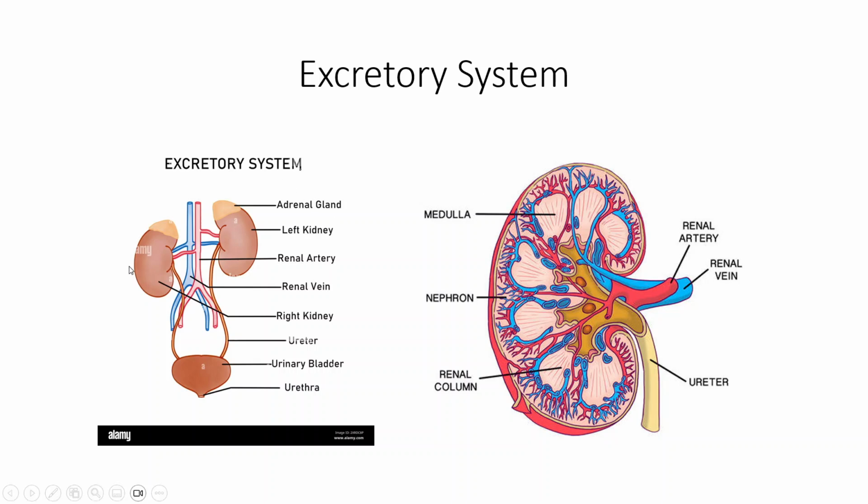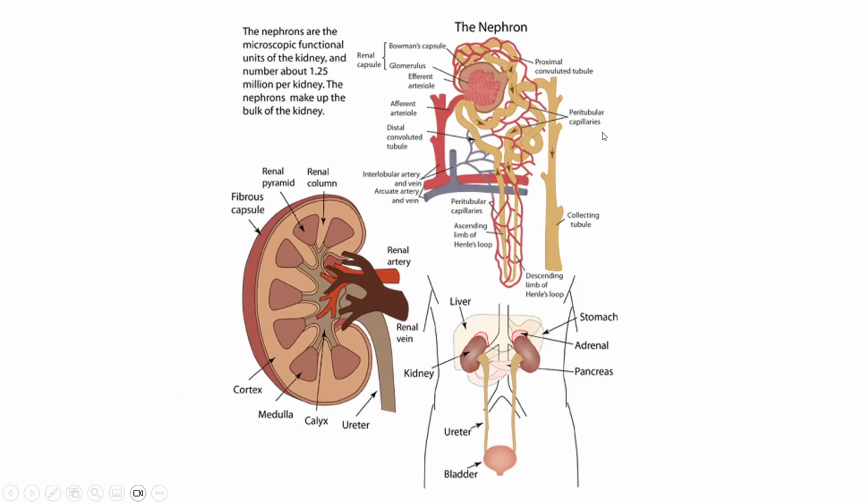The major organs are the kidneys, the blood vessels connecting them, as well as the ureter, the urinary bladder and the urethra. We learned about the nephron, which you can see here, the functional unit of the kidney. There are millions in each kidney, and they make up the bulk of it. We learned about which part of the nephron is in which region.